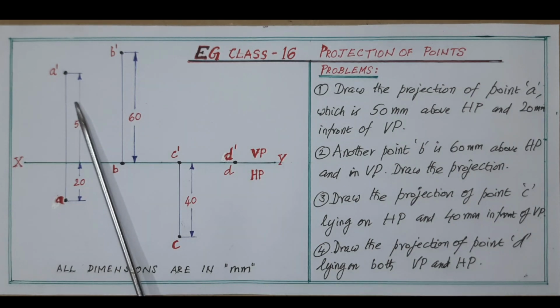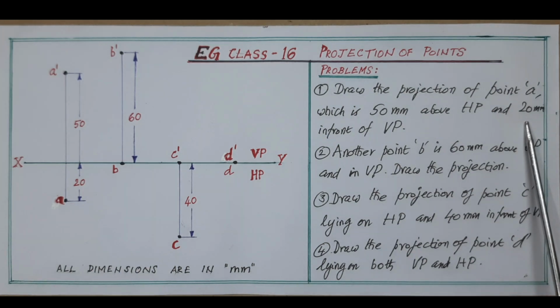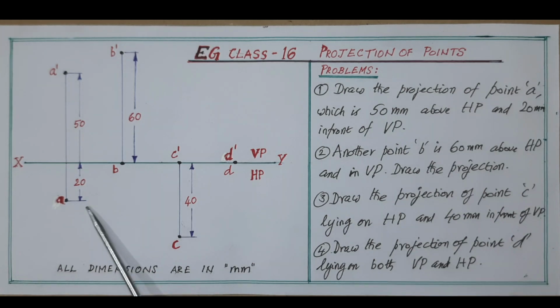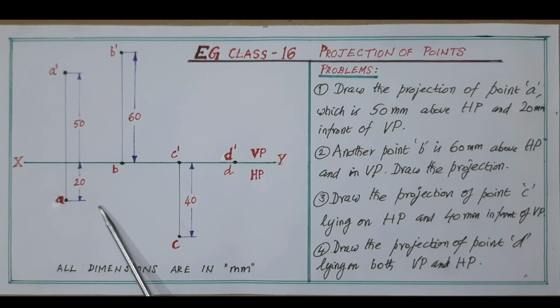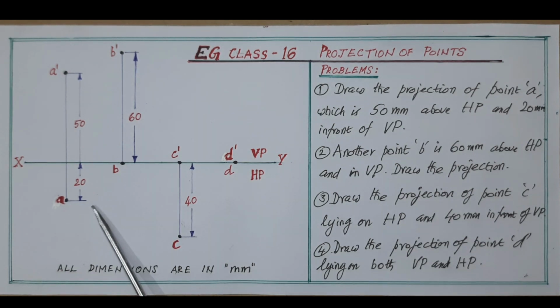Then another image of the same point is 20 millimeter in front of vertical plane, that is 20 millimeter away from vertical plane, that is from XY line when viewing from top view, and hence it is to be shown as image 20 millimeter below XY line in the drawing, that is on the horizontal plane HP.